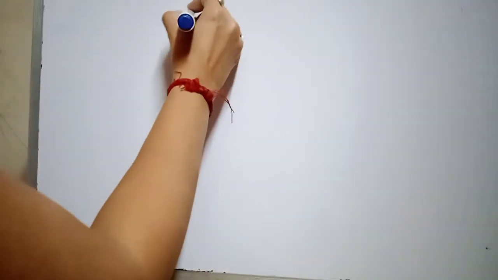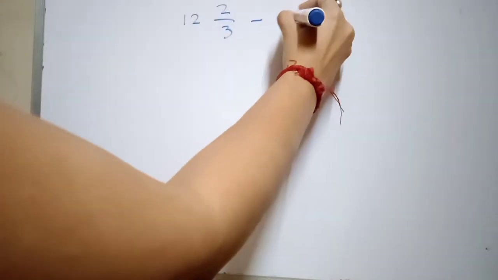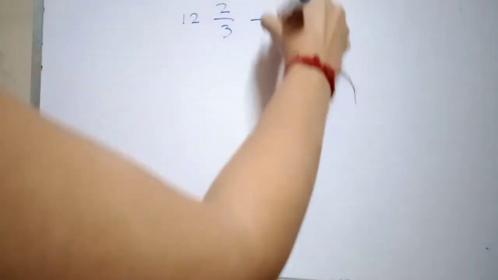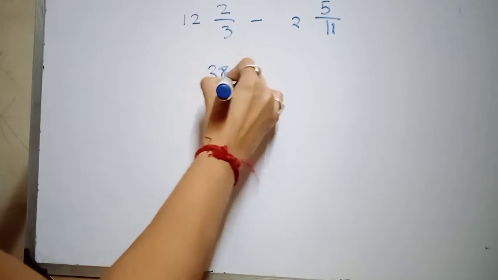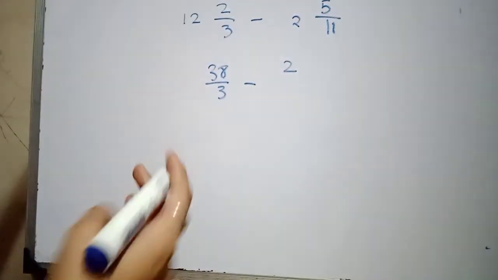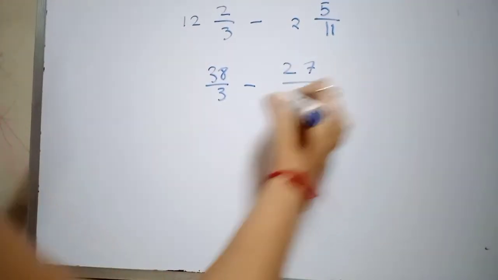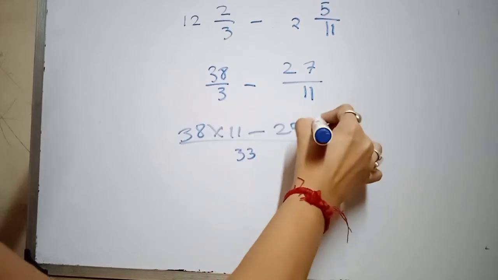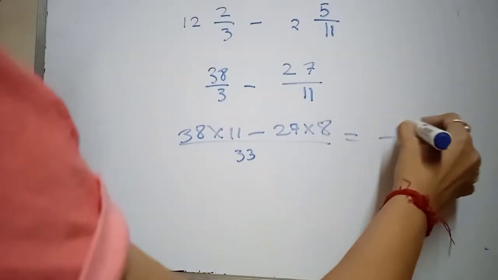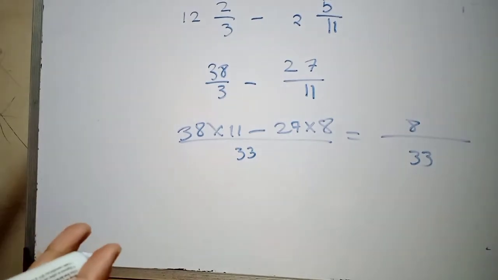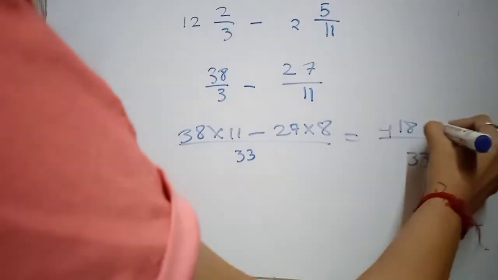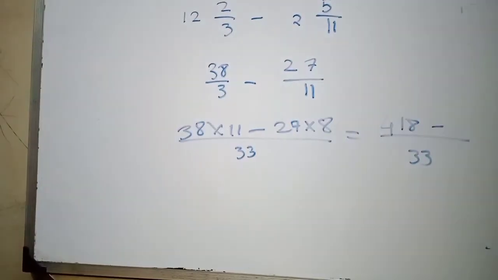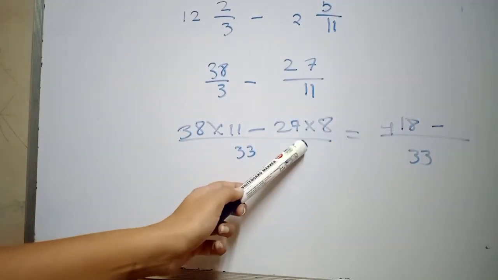If I just change the numbers, like if I take the total length of the rope to be 12 whole 2 by 3, and I subtract 2 whole 5 by 11 from this, that is, this is the portion that we cut out, then this will be 38 by 3, and this will be 27 by 11. Now I think this can work. So here I get 41, and oh sorry, I have done something wrong.